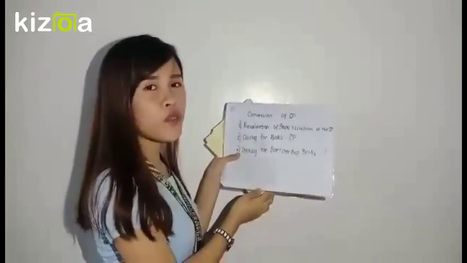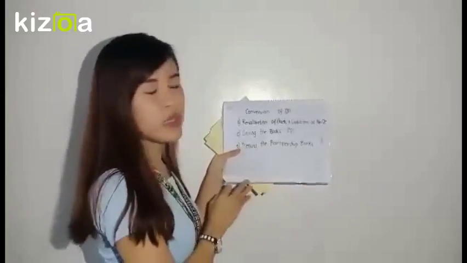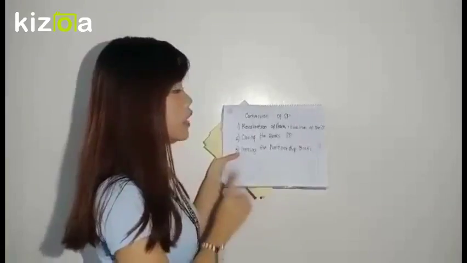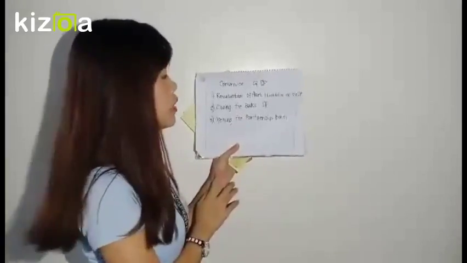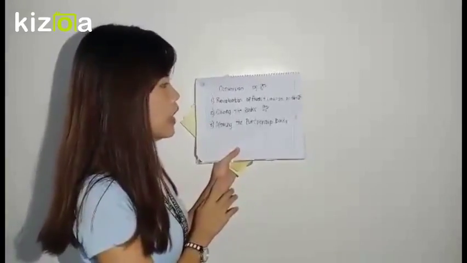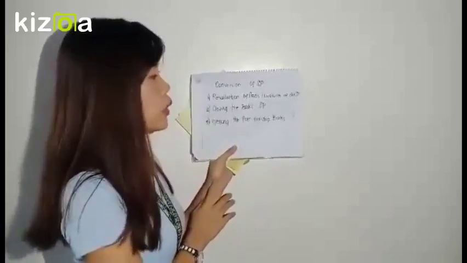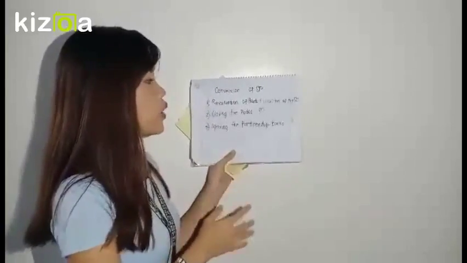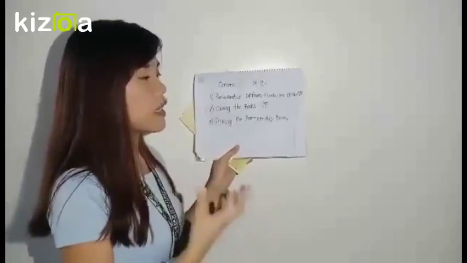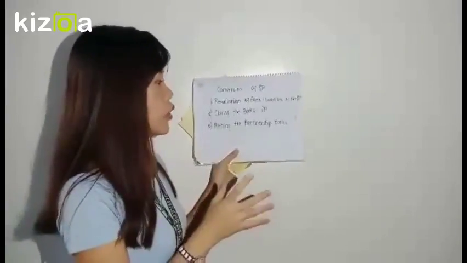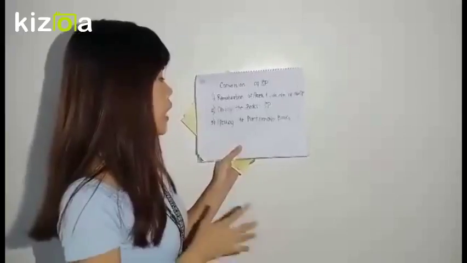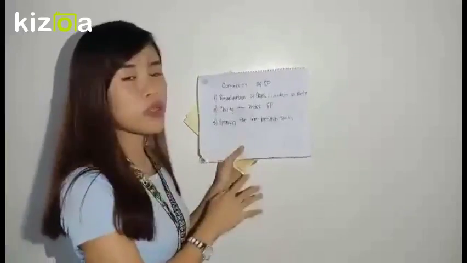In conversion of a sole proprietorship, there are 3 steps that we need to remember. First is the valuation of assets and liabilities of the sole proprietorship. This means that we have to total all the assets and liabilities of the sole proprietorship before we can proceed with the next step, which is closing the books of the sole proprietorship.